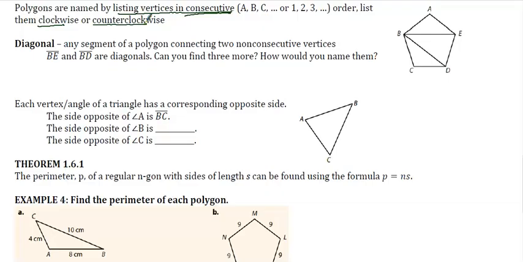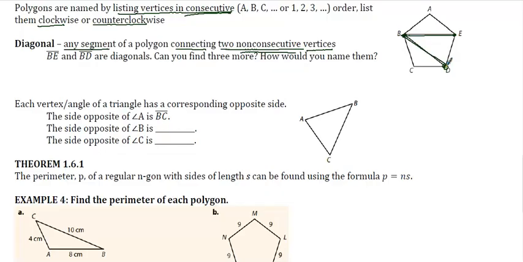Okay, a diagonal is any segment of a polygon that connects two non-consecutive vertices. All right, so like here, BE is a diagonal, and BD are diagonals.